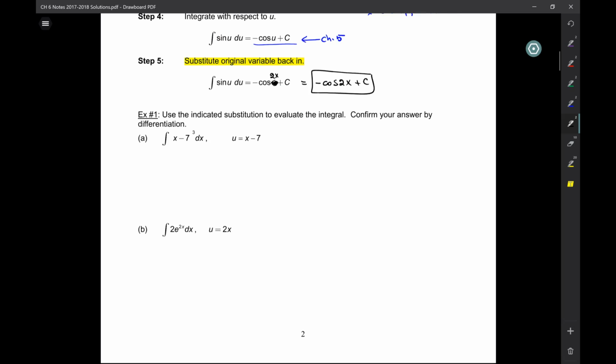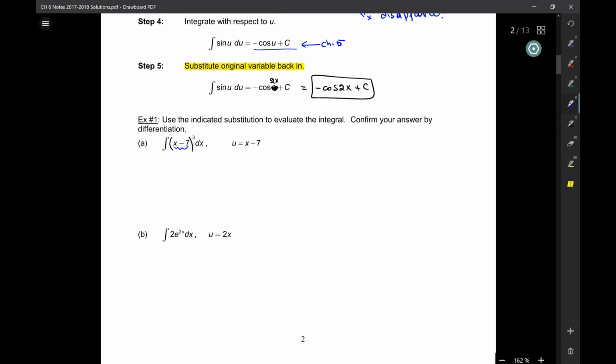All right, so let's do a couple then. Okay, exciting stuff, people. Here's what we have. The integral of (x minus 7) cubed. So what's the inside function here? x minus 7. So we make this our u. Now du is going to be what?